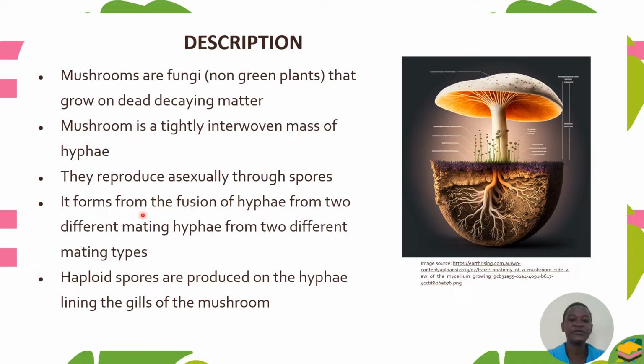It forms from the fusion of hyphae from two different mating types. So we have haploid spores which are produced on the hyphae lining the gills of the mushroom. So in short, this is what we call the mushroom.